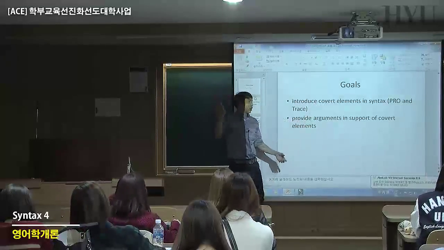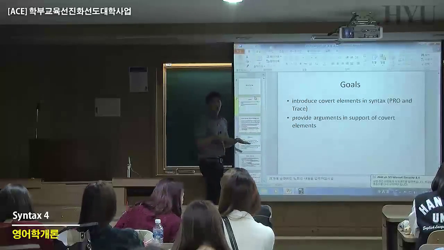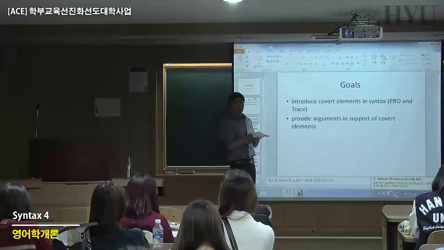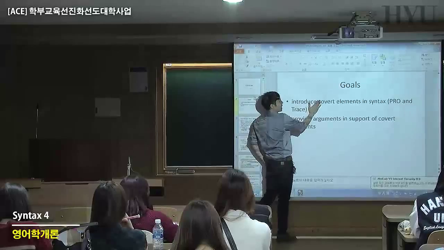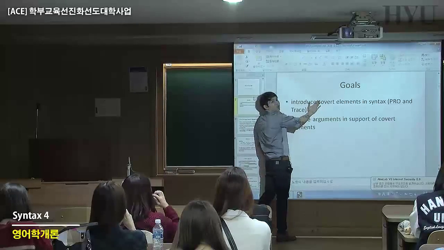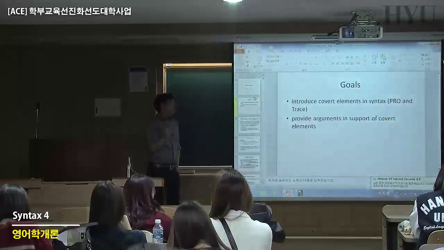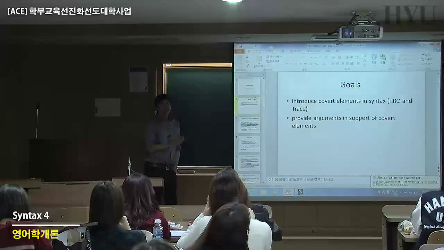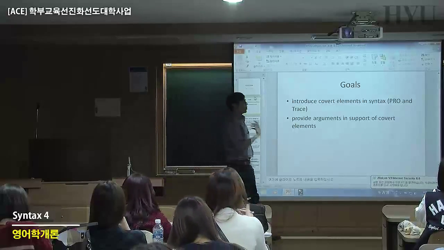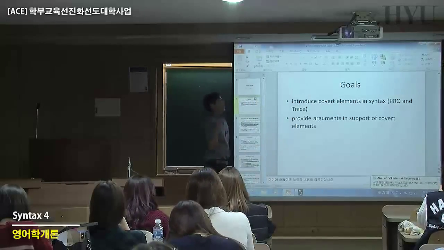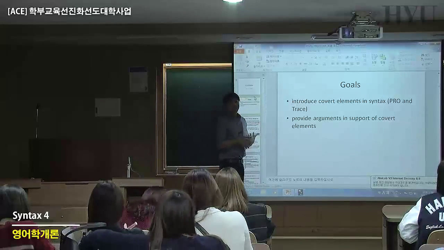Covert is like covered, is like not present, is gone, you don't see. Covert is covered, something that you don't see. But if we take out the C, we have overt, which is obvious. Overt is obvious, something that you see. But covert is something that you don't see. Okay? So we'll introduce covert elements in syntax, things that you don't see. Okay? Because you don't see, that's difficult, right?